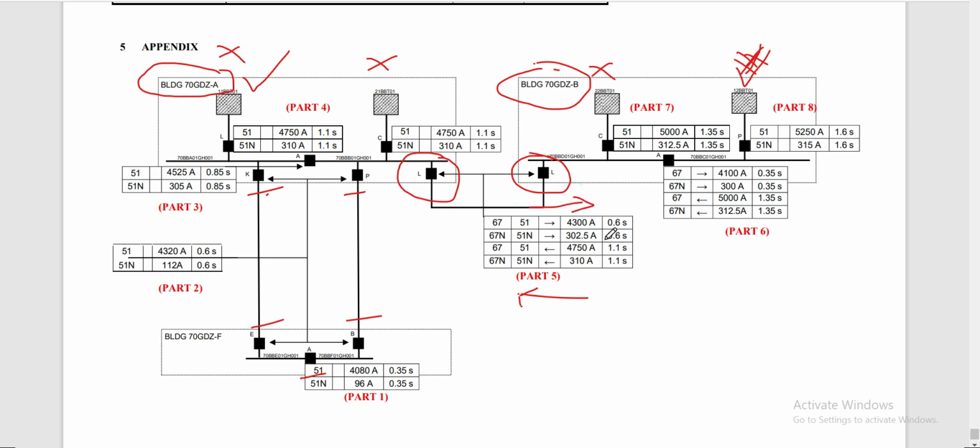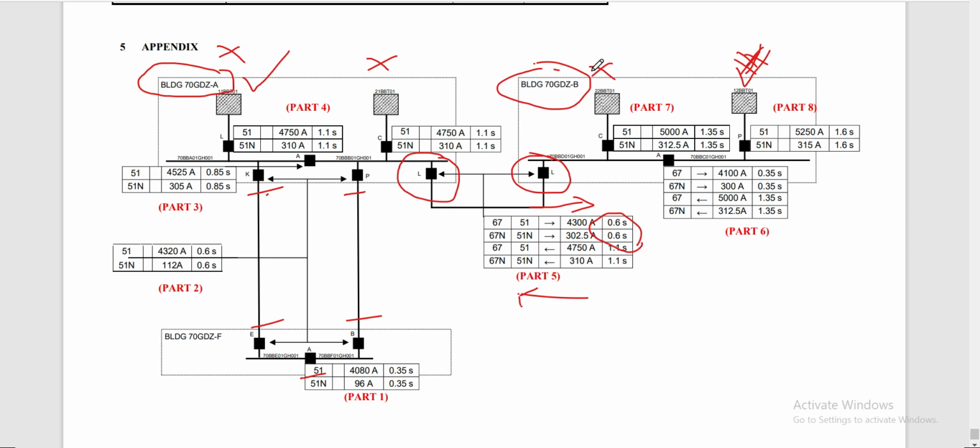That's why from here our time setting is 0.6 seconds. Why? Because from here we have 1.1 seconds, right? This bus coupler is set at 0.85 seconds. So therefore this one has to be set at 0.6 seconds.